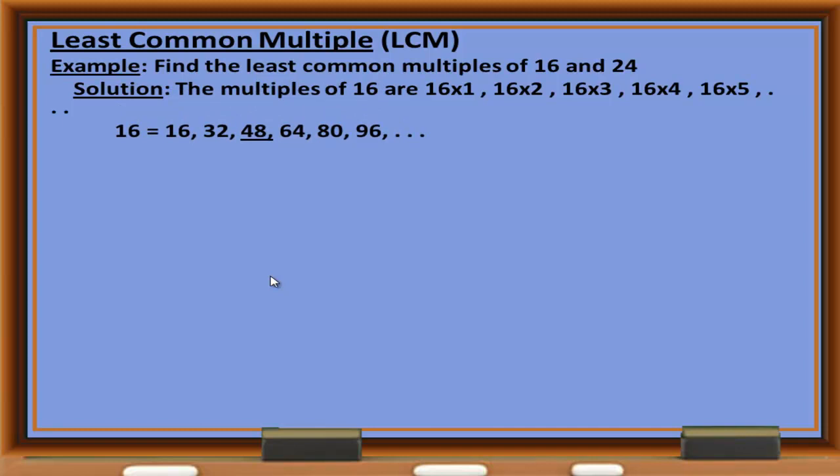Therefore, multiples of 16 are 16, 32, 48, 64, 80, 96. Multiples of 24 are 24, 48, 72, 96, 120, 144, and so on.